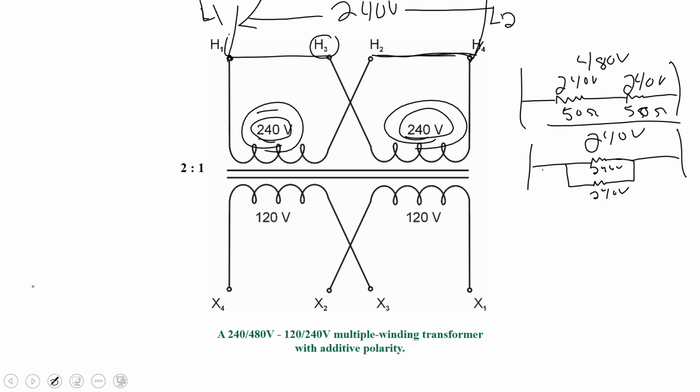So it's rated at 120 or 240. Now this is going to be supplying some sort of a load on the secondary. What voltage do I need it to supply? Is this a 240 volt load or is it a 120 volt load? I got a choice, right? So that's what would determine how I would connect up this secondary.